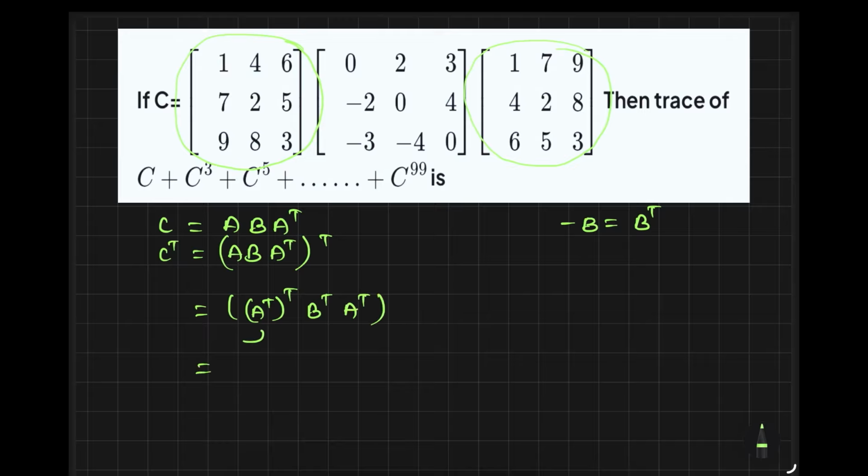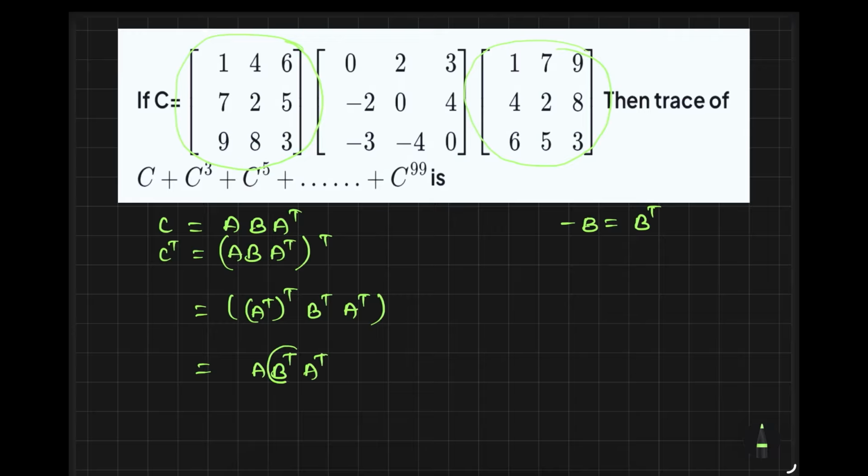Now you know that A transpose will become A. Okay, now this is B transpose and this is A transpose.